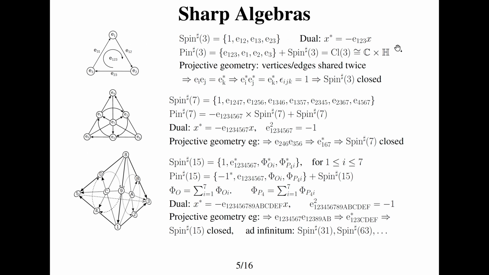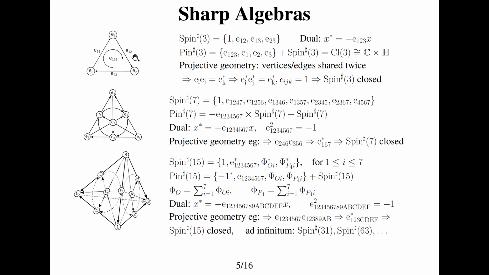And if you multiply any element by the pseudoscalar, that's called the dual. So you multiply this vertex by this vertex, and you get the 2-form, and you take the dual of that, you get the 1-form on the other side. So the dual of this 1-form times the dual of this 1-form equals the dual of that 1-form. That's a closed subalgebra of the spin group and of Clifford algebra.